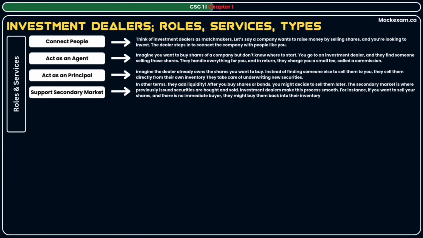For instance, if you want to sell your shares, they might buy them back into their inventory or find another buyer for you. This makes it easier for everyone to trade. In other terms, they add liquidity to the secondary market, so you can buy and sell faster and more smoothly.